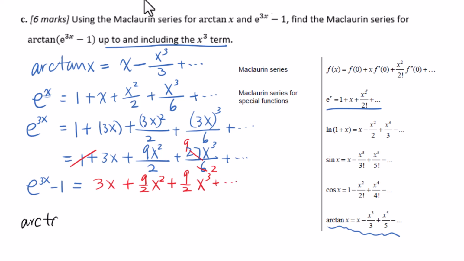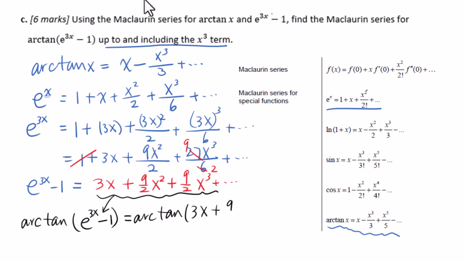Therefore, for arctangent of e to the 3x minus 1, we will plug in this for e to the 3x power minus 1. Arctangent of 3x plus 9 over 2 x squared plus 9 over 2 x to the third power.